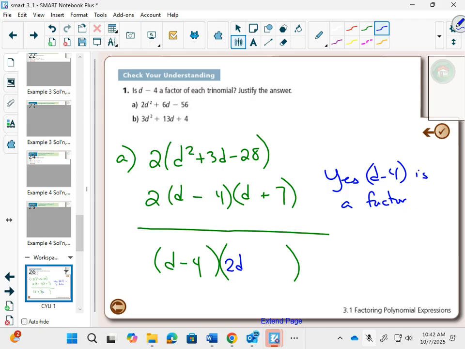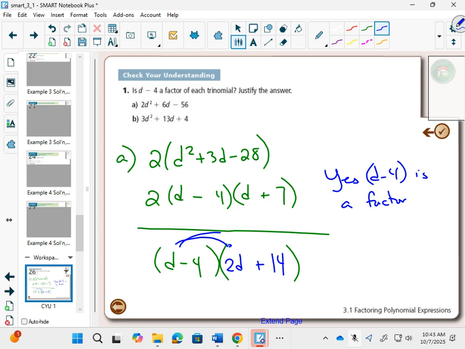And to get the minus 56, you would need a plus. 4 times what is 56? 14. And if you multiply this out, does it work?